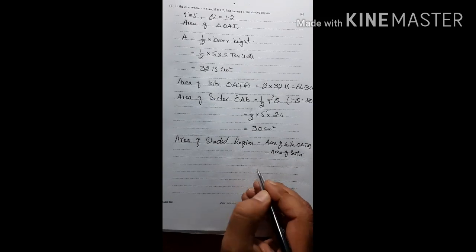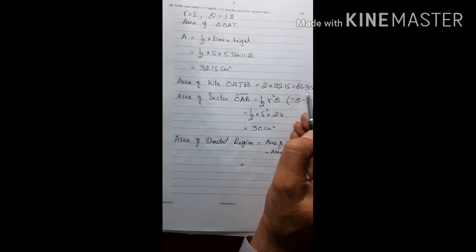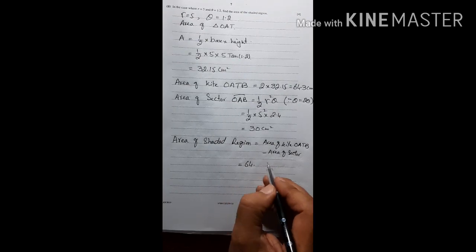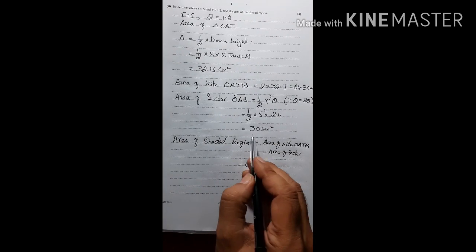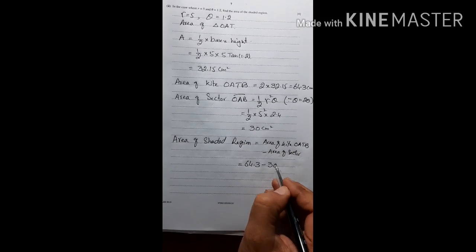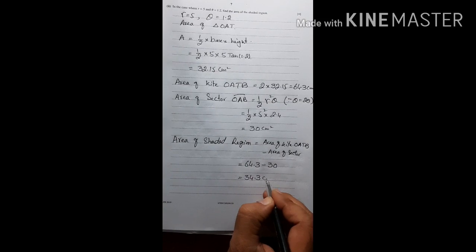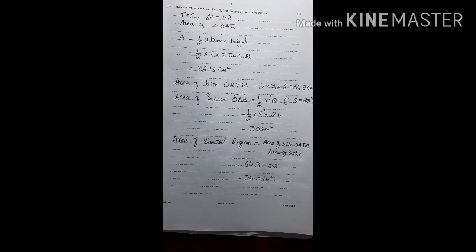So it will become, this is your area of kite, 64.3 minus, this is area of sector, 30, which becomes 34.3 centimeters square. So this is our final answer.